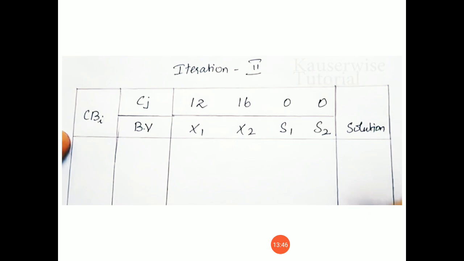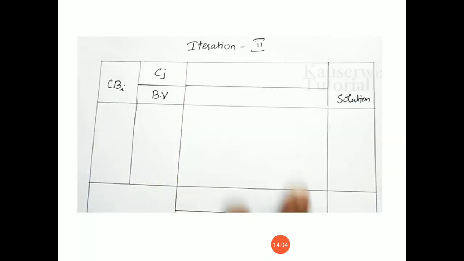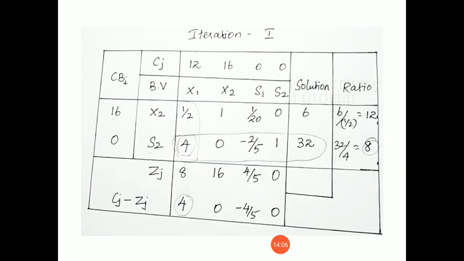Now, below the basic variables in the initial simplex table, I told you that we wrote the slack variables s1 and s2, and then we solved and found which is the entering variable and which is the leaving variable. As per that, in the iteration 1 table I found that the basic variables were x2 and s2.